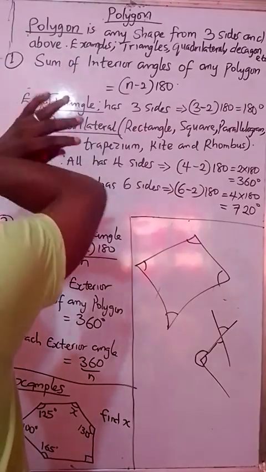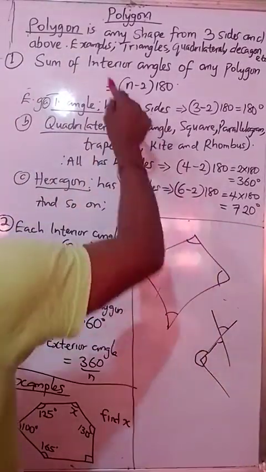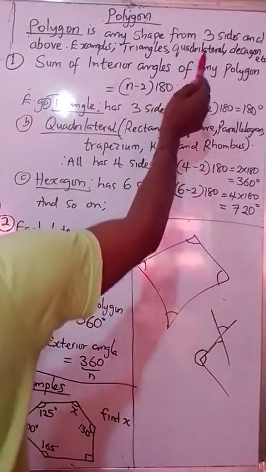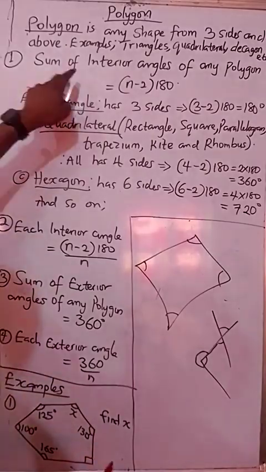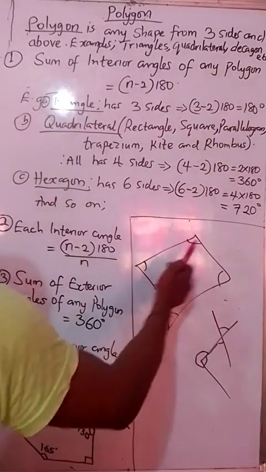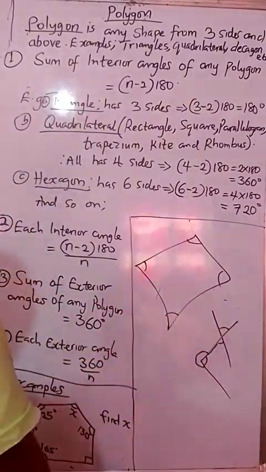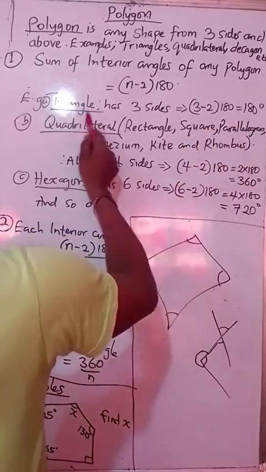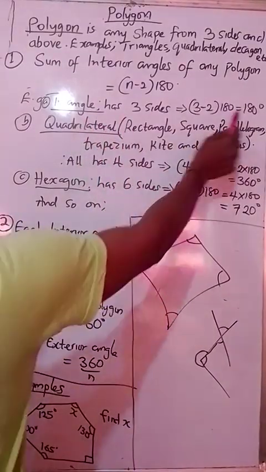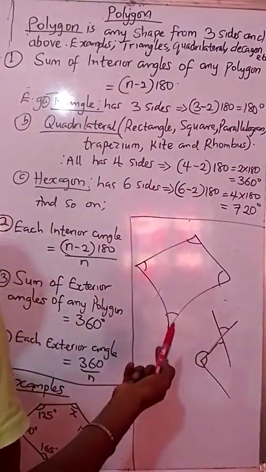Remember, polygon is from triangle to every form of shape. The sum of angles in any polygon is equal to (n minus 2) times 180. So this is the formula to know the interior angles of any form of polygon. That's where we got the sum of angles in a triangle equals 180. That's where it came from.